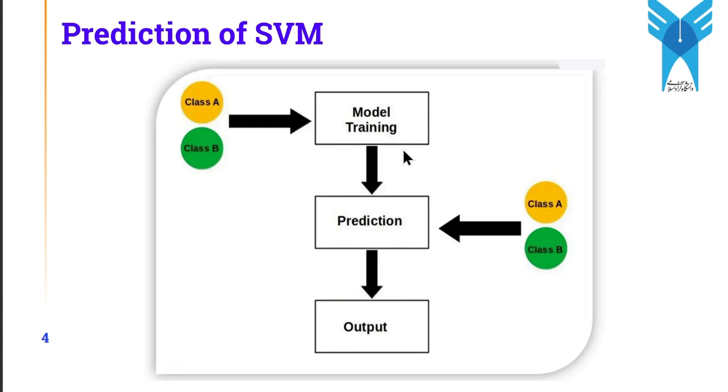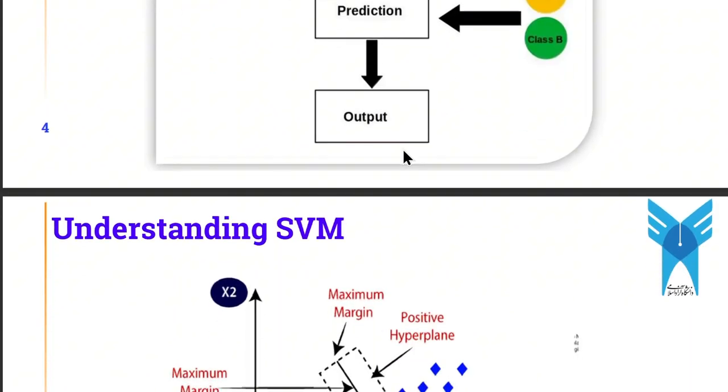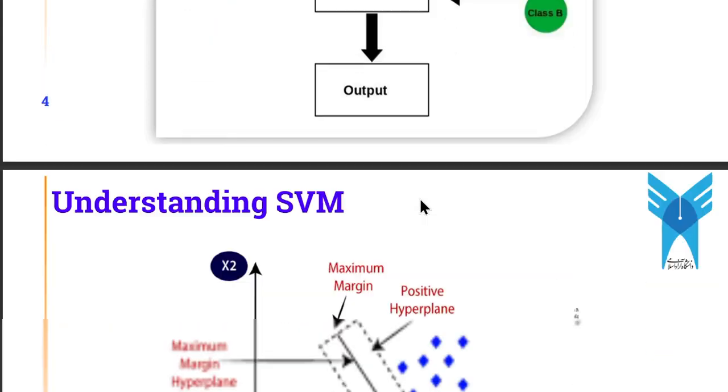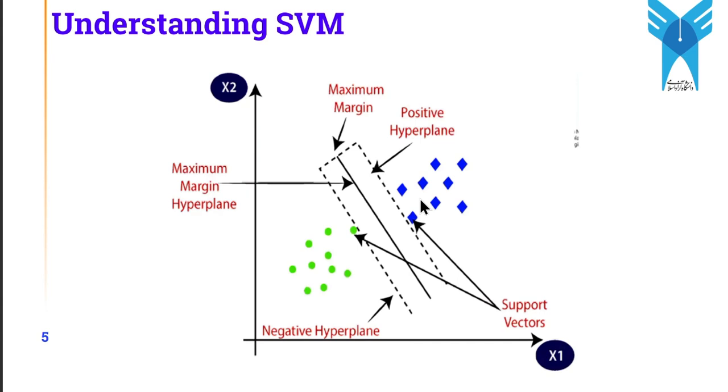During the training phase, SVM learns how to separate these two classes using the training data. Then we have prediction. Once trained, the model is ready to analyze new data in the prediction phase. And finally, we have an output, where the model determines which class the new data belongs to, class A or class B.